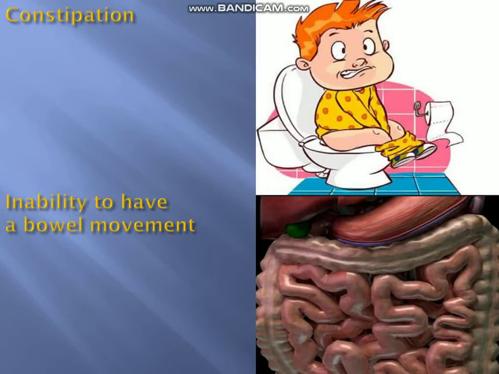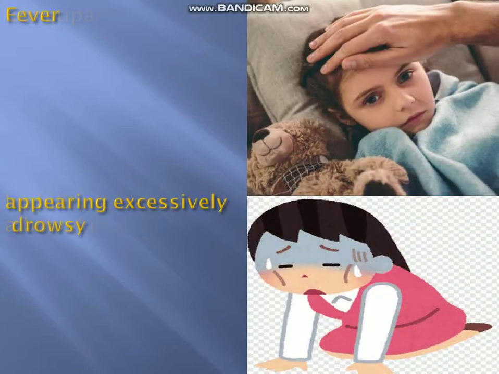Another one is constipation. It is a very common problem in children, where intestinal obstruction is not the cause. Another one is an inability to have a bowel movement or pass gas. And the child may have a fever or appear excessively drowsy.